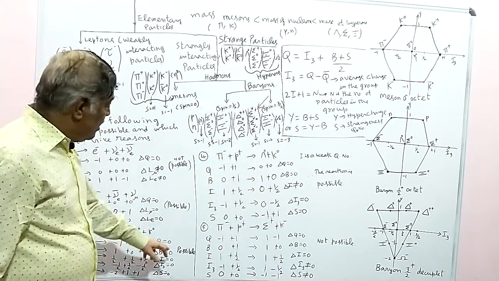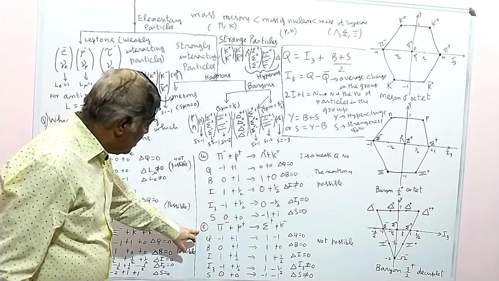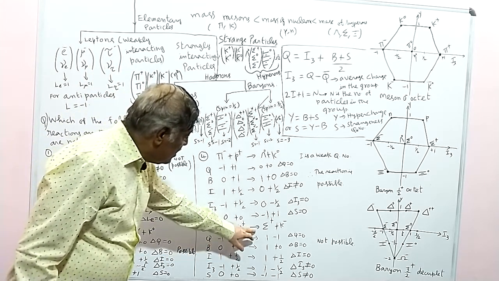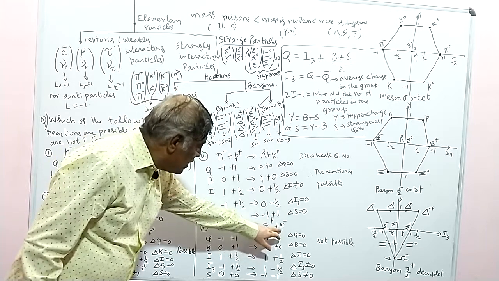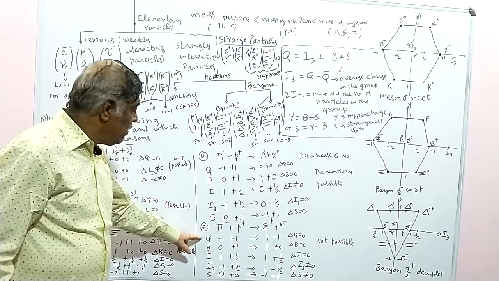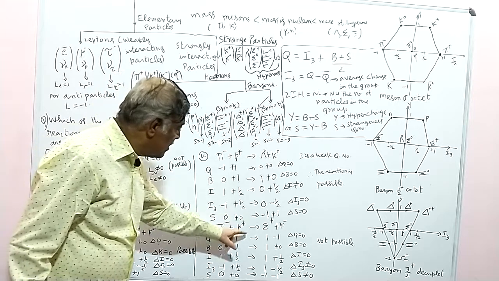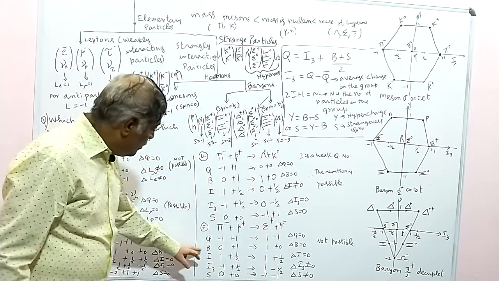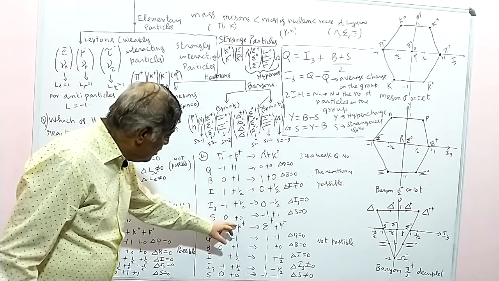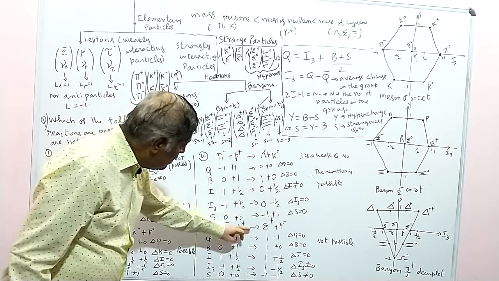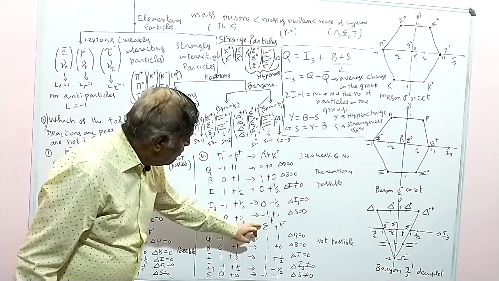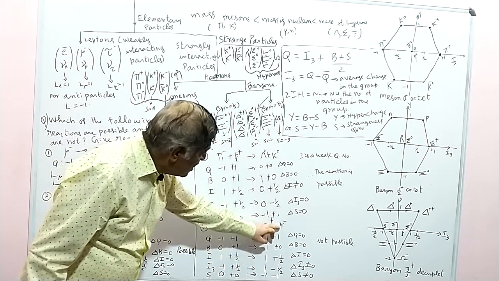You take another case, another problem, the fifth one: pi minus plus p plus, which results in sigma plus K minus. So find the Q value, this is minus, plus, minus, so delta Q is 0. B: this is a meson, 0, this is a baryon, plus 1, and here for baryons plus 1, K is a meson, 0.